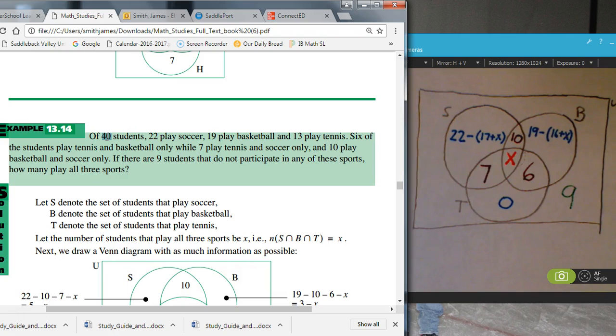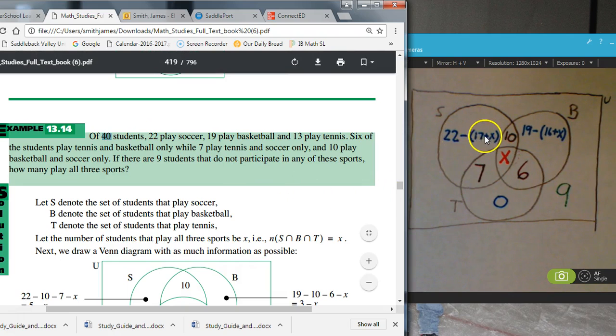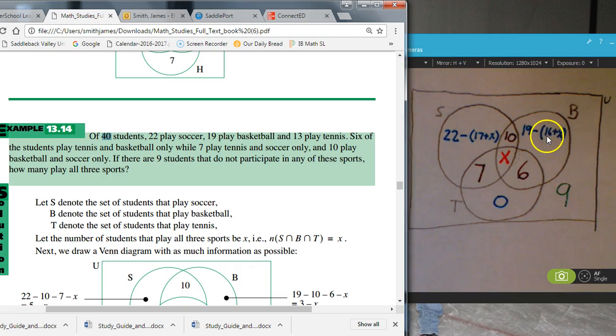That's a really common process for an IB style of question for a set of 3 when you're doing Venn diagrams. So normally I would say that this plus 10 plus this plus this plus this plus this plus this plus this equals 40, and solve for X. And that's a really common process.